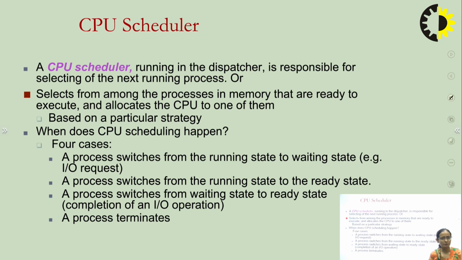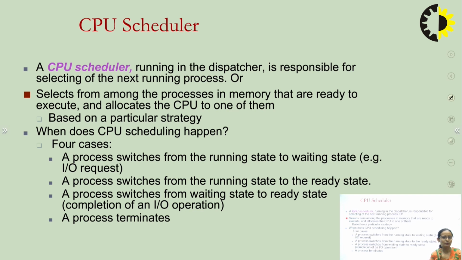So now the CPU is sitting idle, it has to make a decision. The second case is a process switches from the running to the ready state. That is, for example, you have allotted some time limit to a process and its time limit has expired, but its execution is still left. Then in that case, it will move from running to ready.